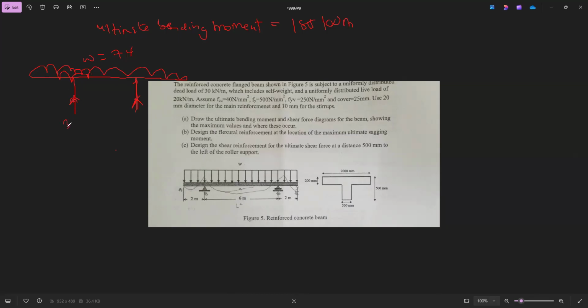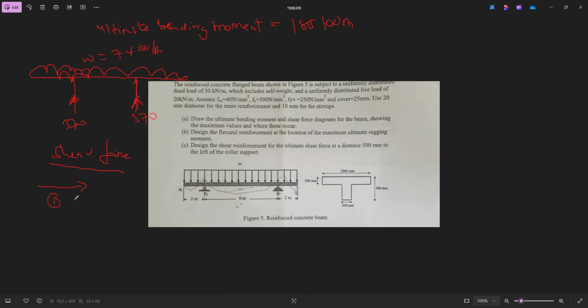What value was it? 370. Yeah, 370. Okay, very good. So here we are going to calculate the shear force. As I've told you earlier, we take the shear force from left to right.